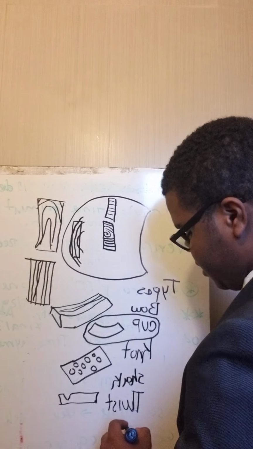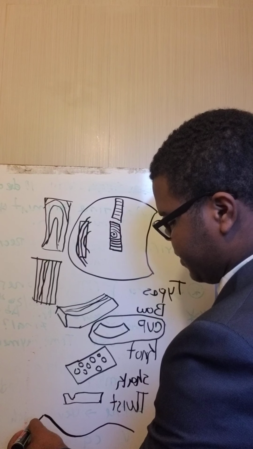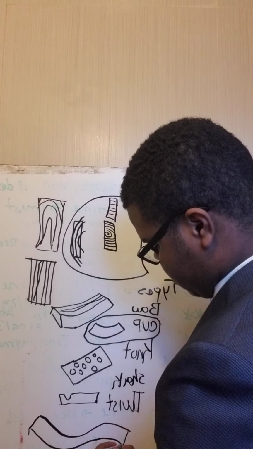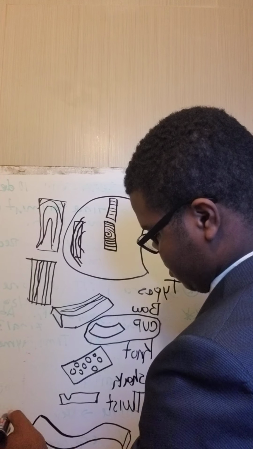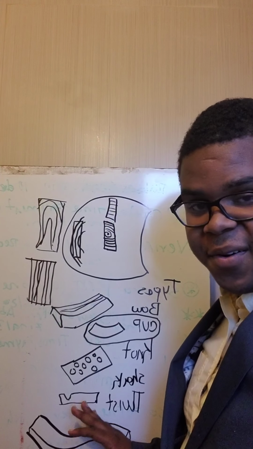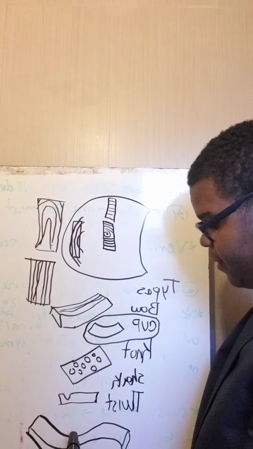The last one is the twist. It can be something like that. I mean, this is exaggerated, not gonna lie, but alright. It's just to show a sample of the twist.